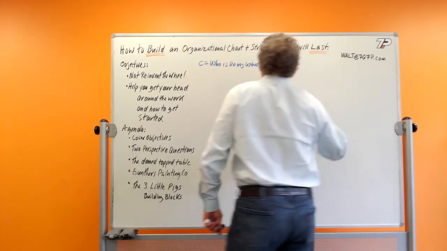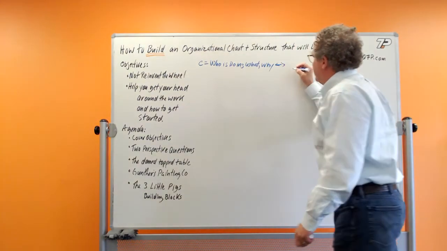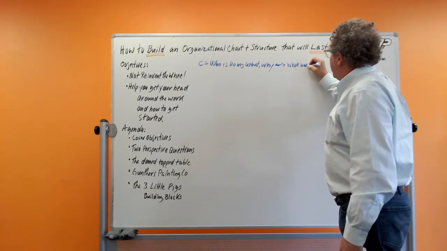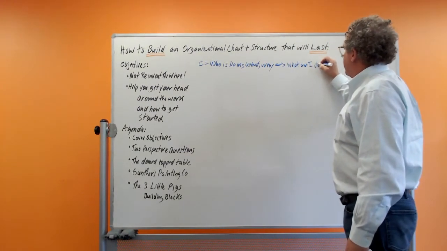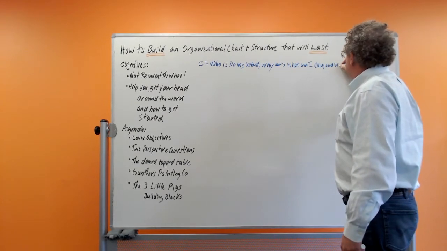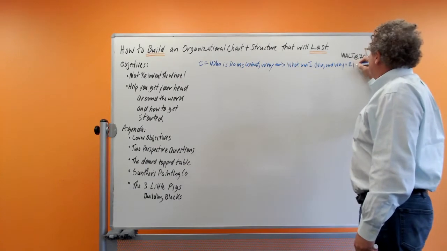And then the employee side, so it has this arrow that goes back and forth, is what am I doing and why? So this equals the employee or the individual contributor.